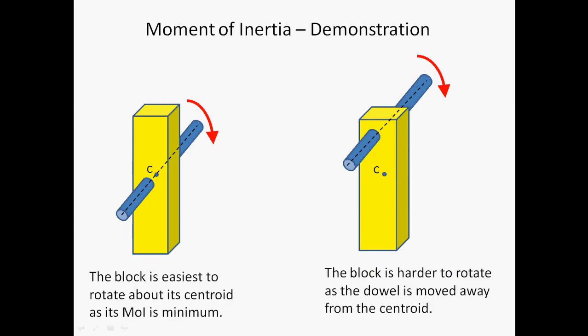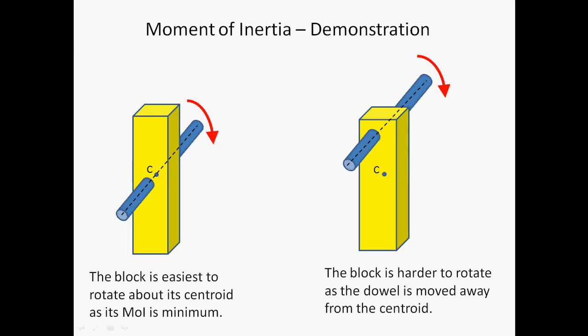If you look at this figure, it demonstrates what is meant by moment of inertia. If you take a cuboid block of the same size, the centroid is located at the point C. One dowel is passing through the centroid, the center of gravity of the component, and the other dowel is located somewhat away from the centroid.